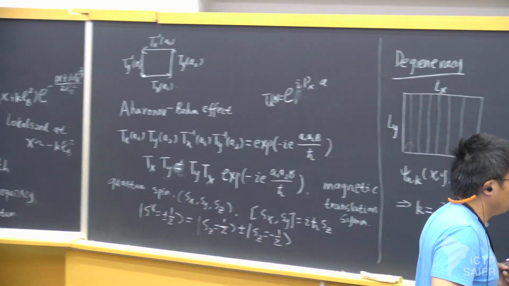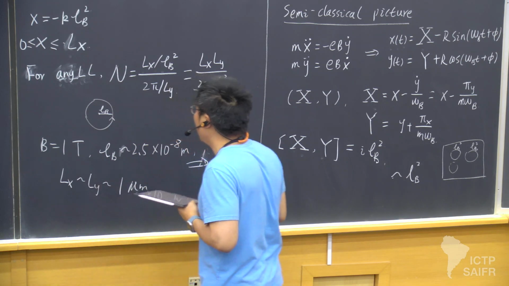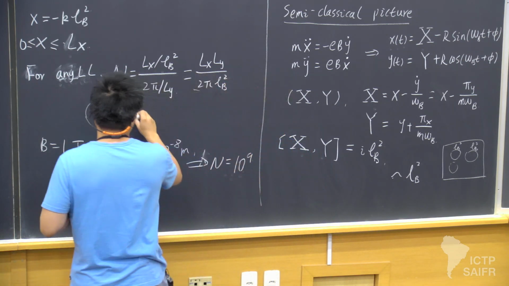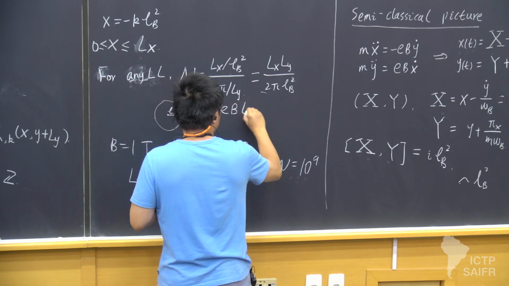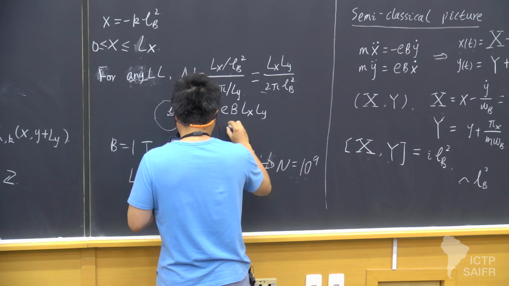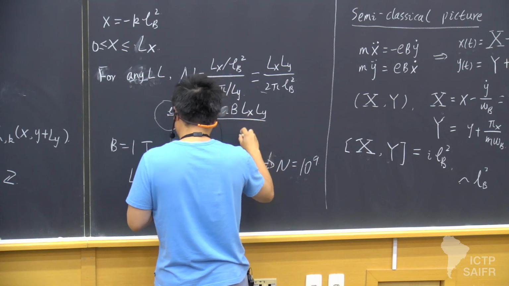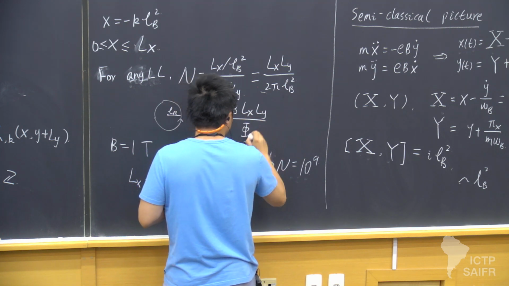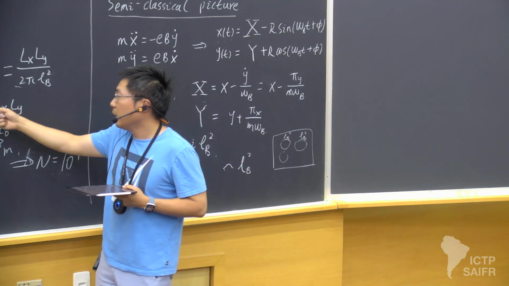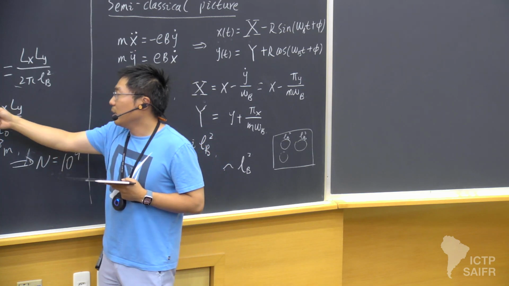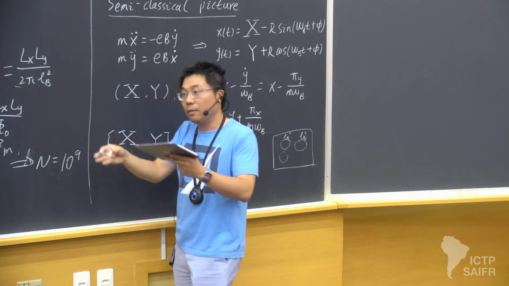And here, using this magnetic flux quantum, alternatively, you can also write the degeneracy as B times Lx times Ly over phi_0, right? There's also another intuitive way to view this degeneracy. The numerator is really just the total flux that I have in the system.